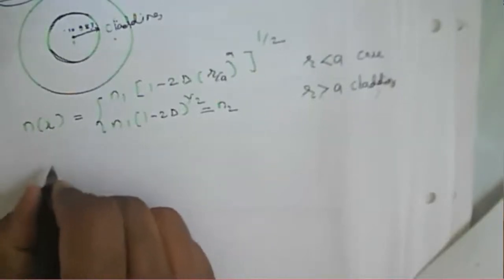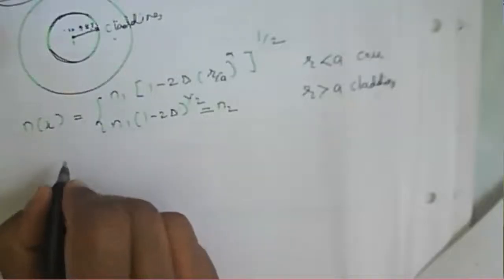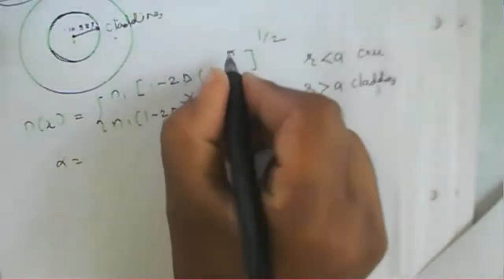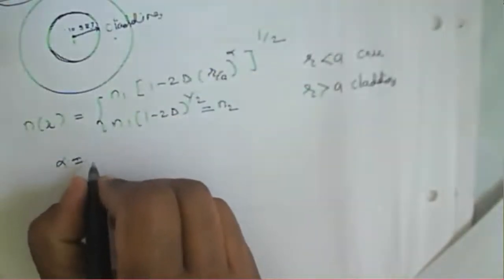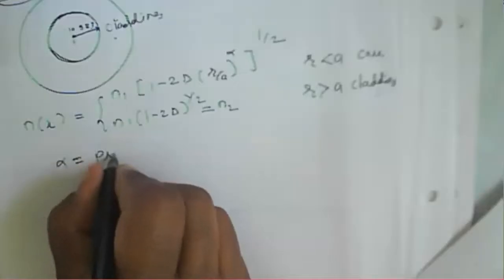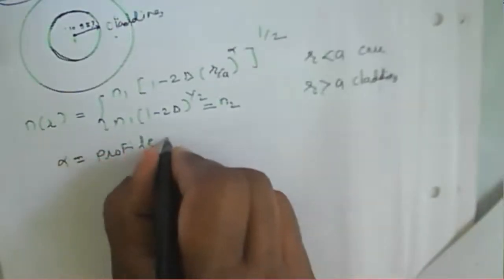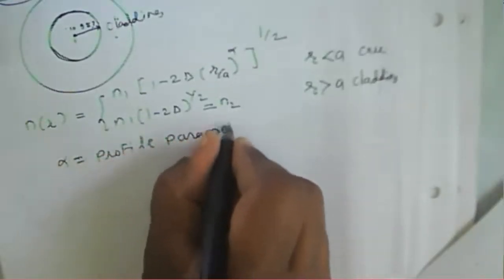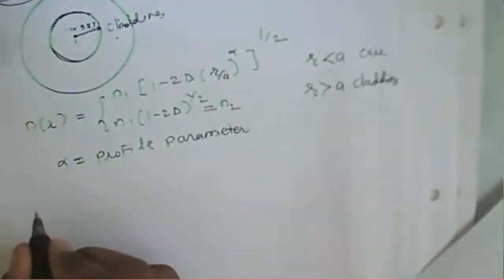So alpha is the profile parameter for this refractive index. Alpha is a profile parameter here.